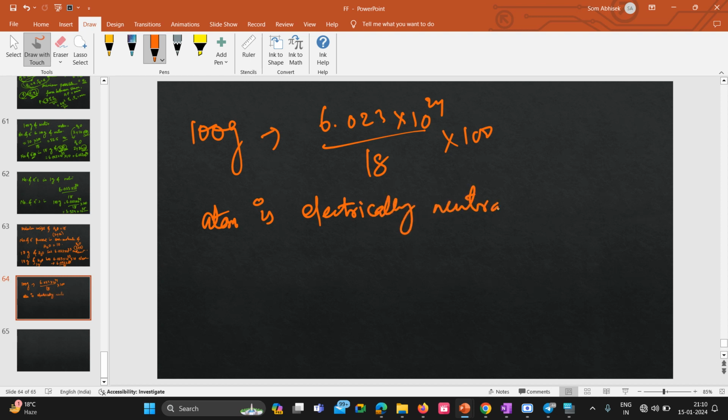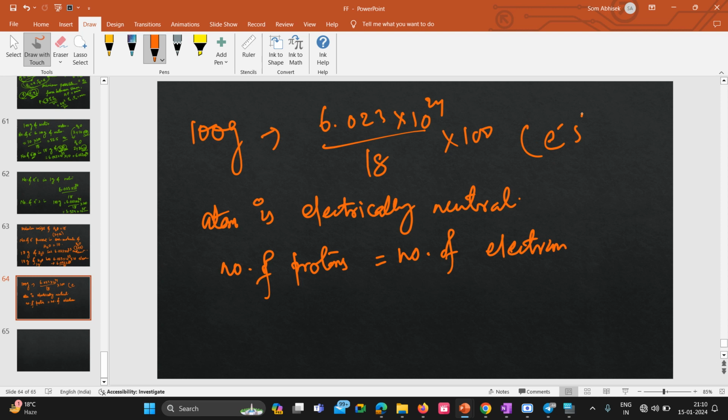That means the number of protons is equal to the number of electrons. So this is the number of electrons, right? So this will be the same as the number of protons. Alright. So the number of protons will be how much? Same, 6.023 times 10 to the power 26, because 100 is there, divided by 18.